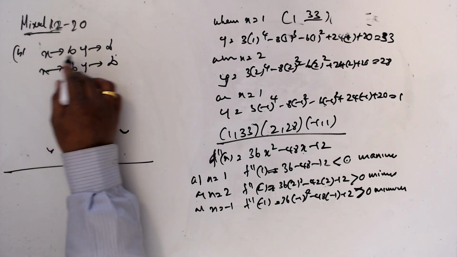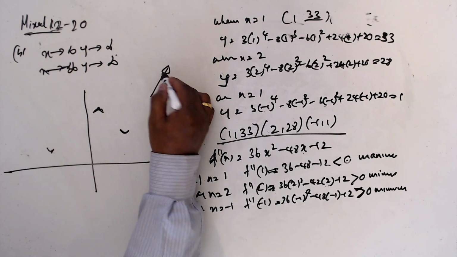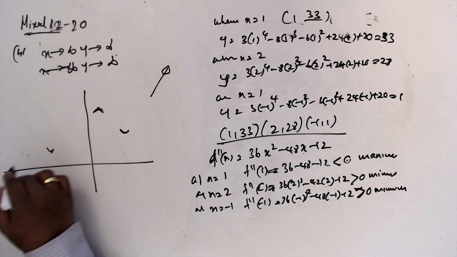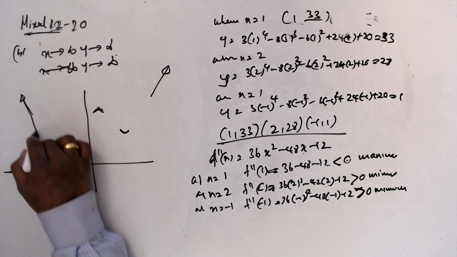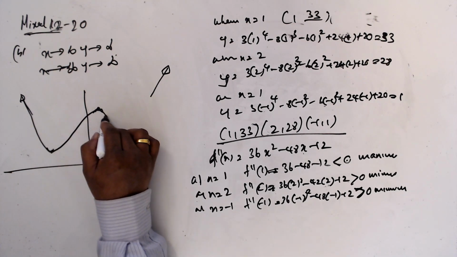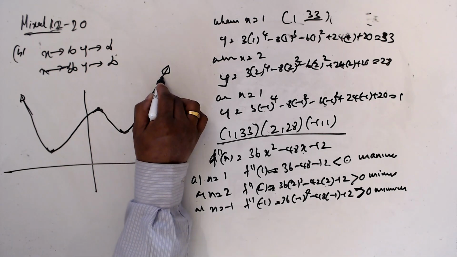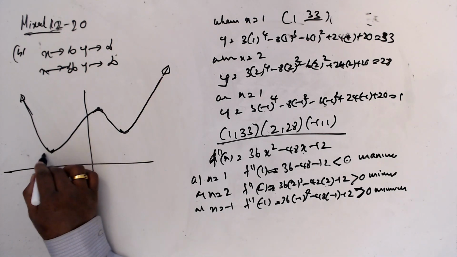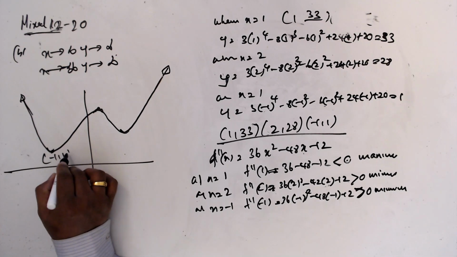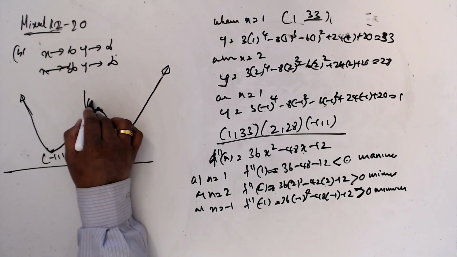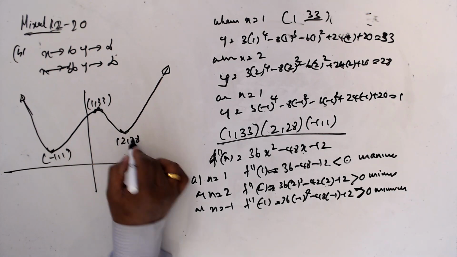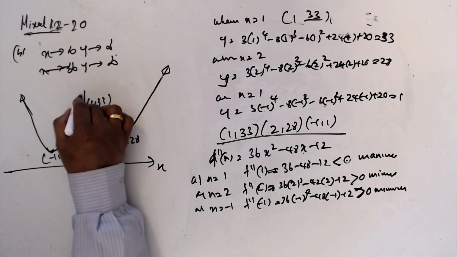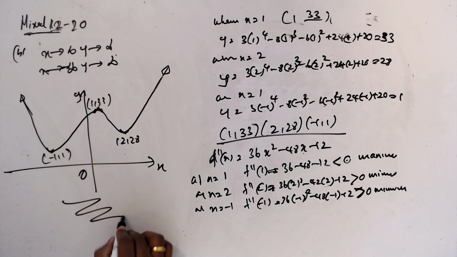As x goes to infinity, the curve goes in this direction, and in the minus direction, it goes in this direction. So right, this is minus 1, 1, this is 1, 33, and this is 2, 228. This is the sketch.